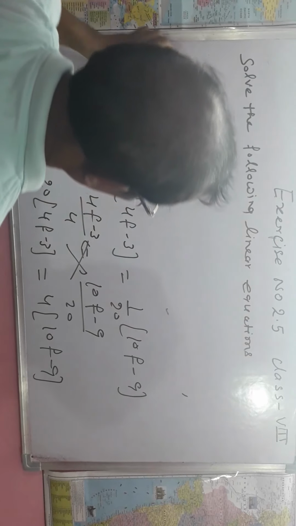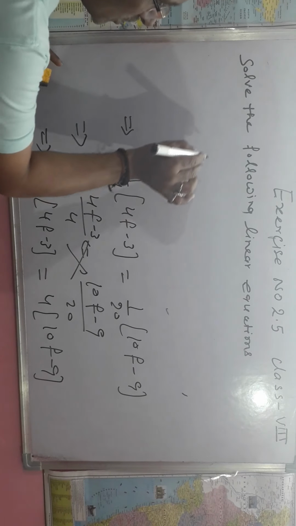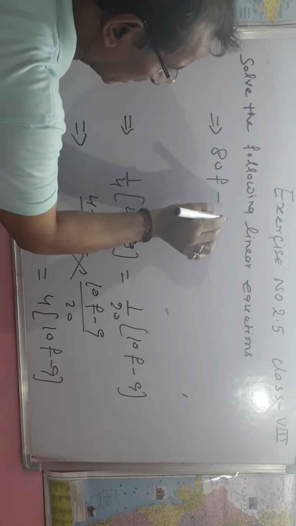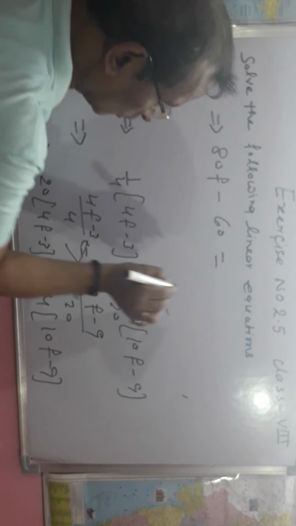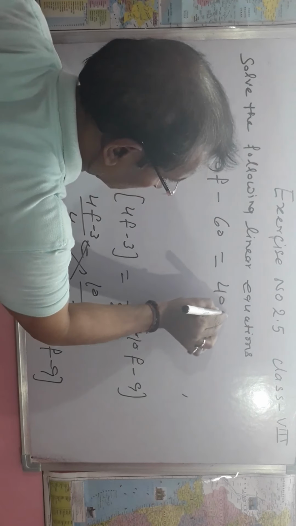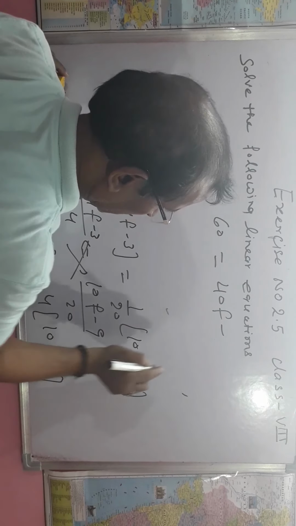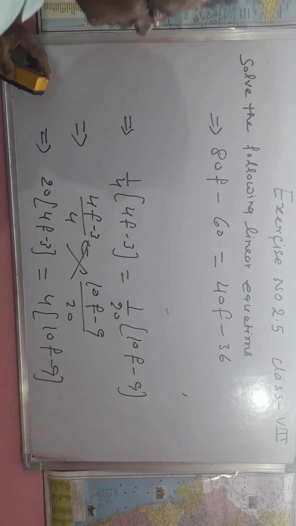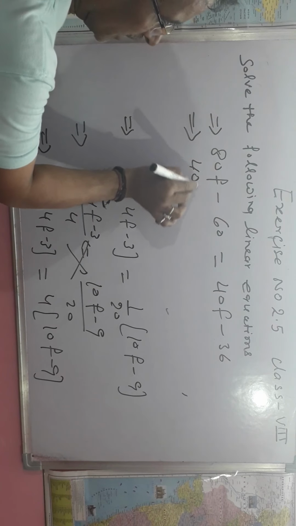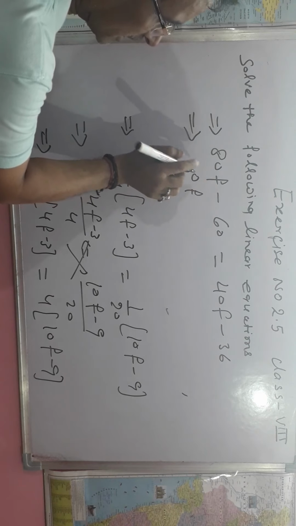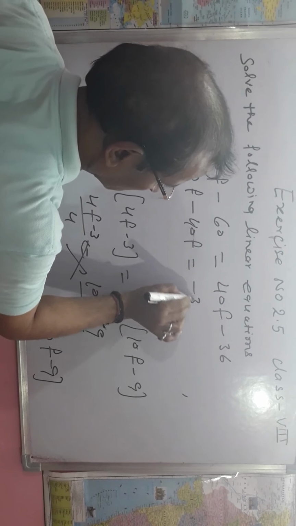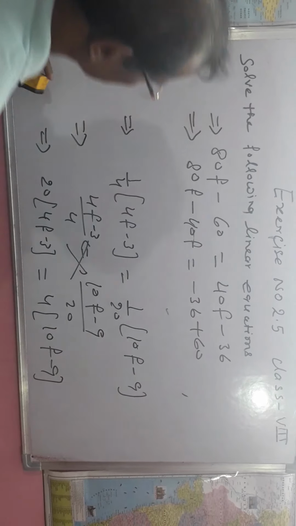Then we will get 20 fours are 80f minus 20 threes are 60 is equal to 4 tens are 40f minus 4 into 9 is 36. Implies 80f minus 40f is equal to minus 36 plus 60 here.